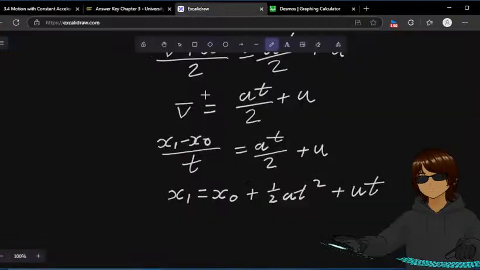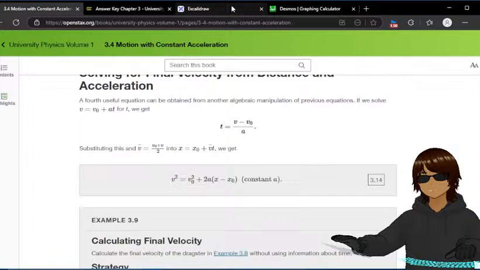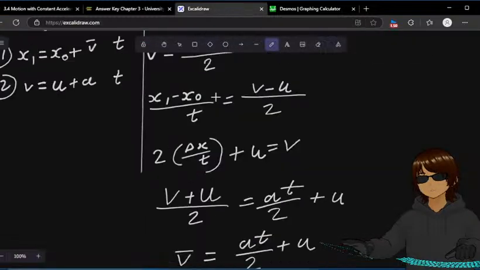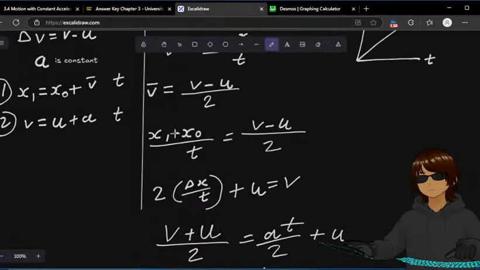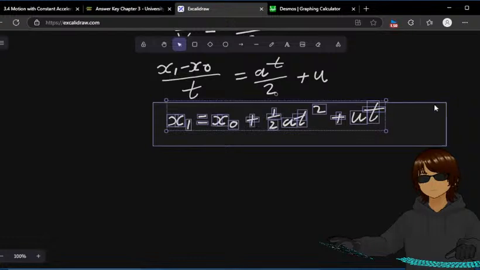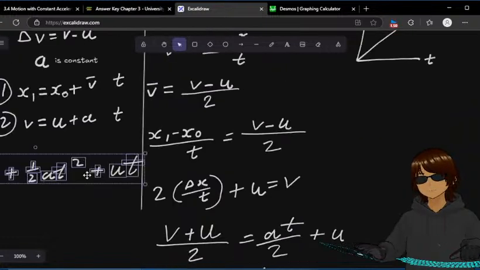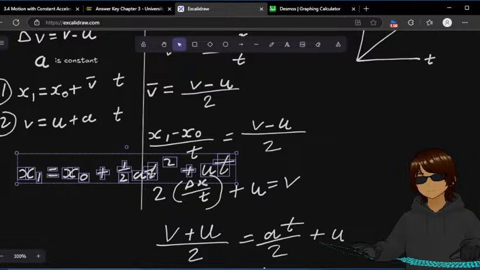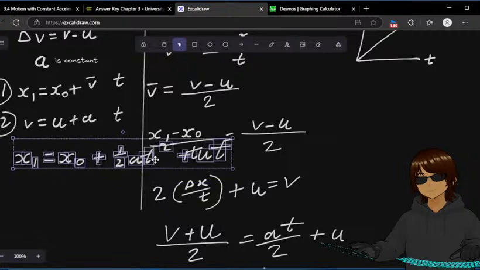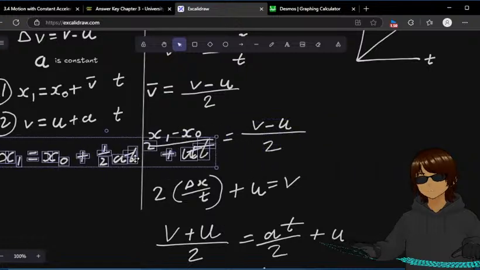We have v squared is equal to u squared plus 2a times x minus x naught. So let me copy this. Oh, never mind.